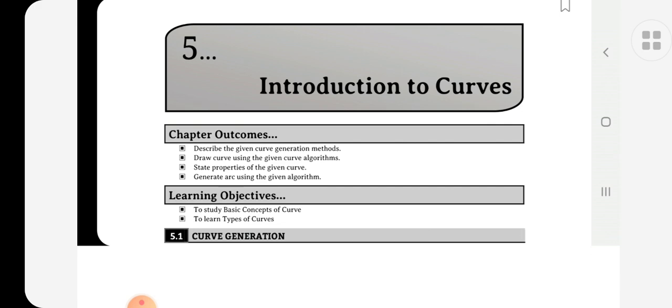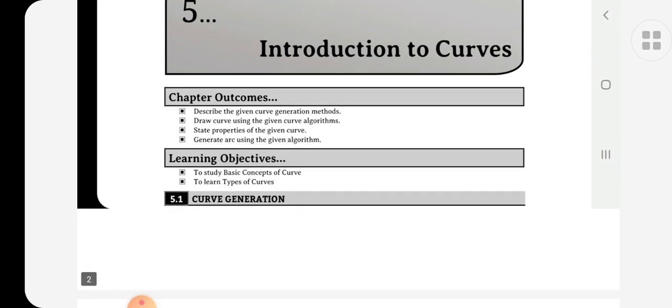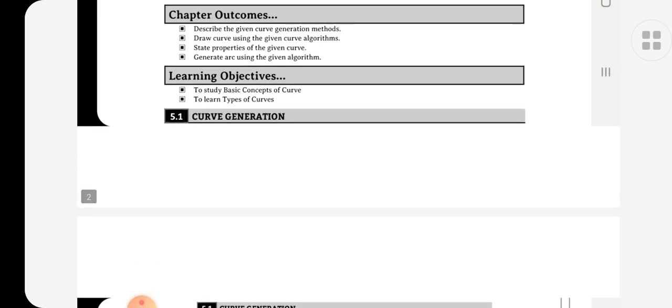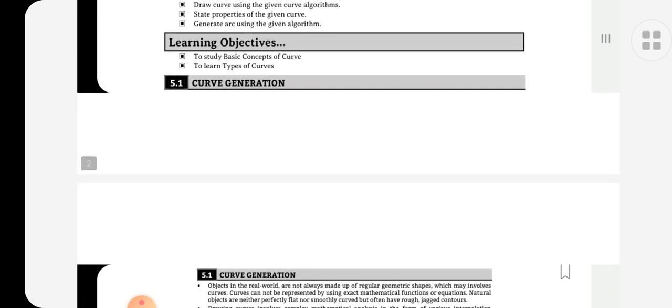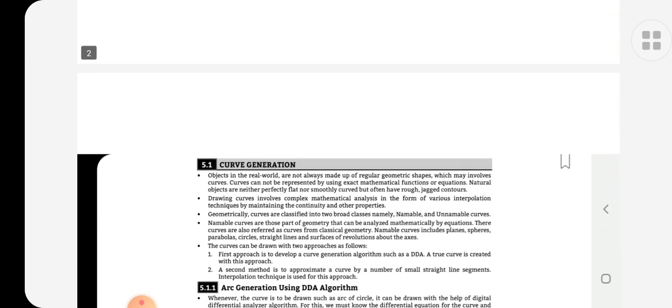We will learn the concept of curve and learn the types of curves. Now we will come to the point, the curve generation.